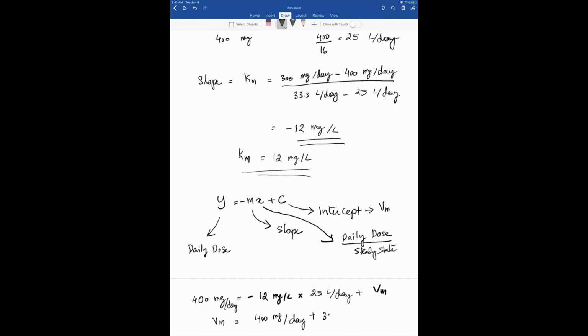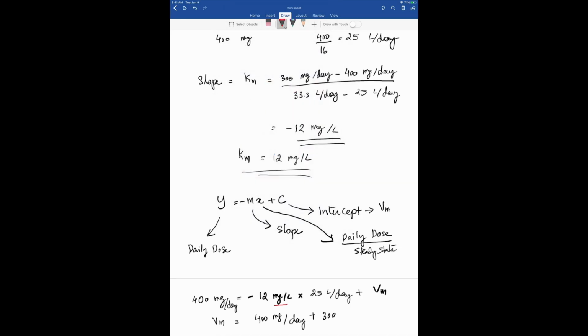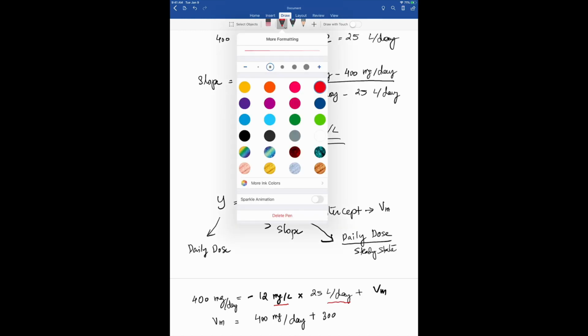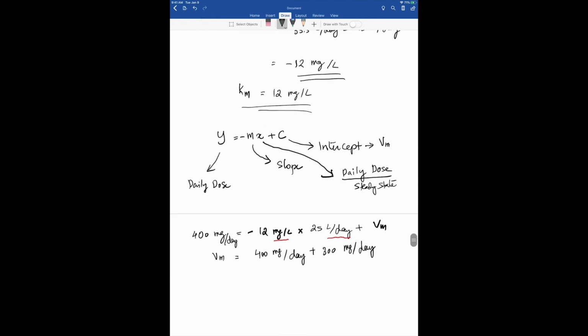If you do the dimensional analysis, milligrams per liter times liters per day is milligrams per day. And so 400 plus 300 is 700 milligrams per day.